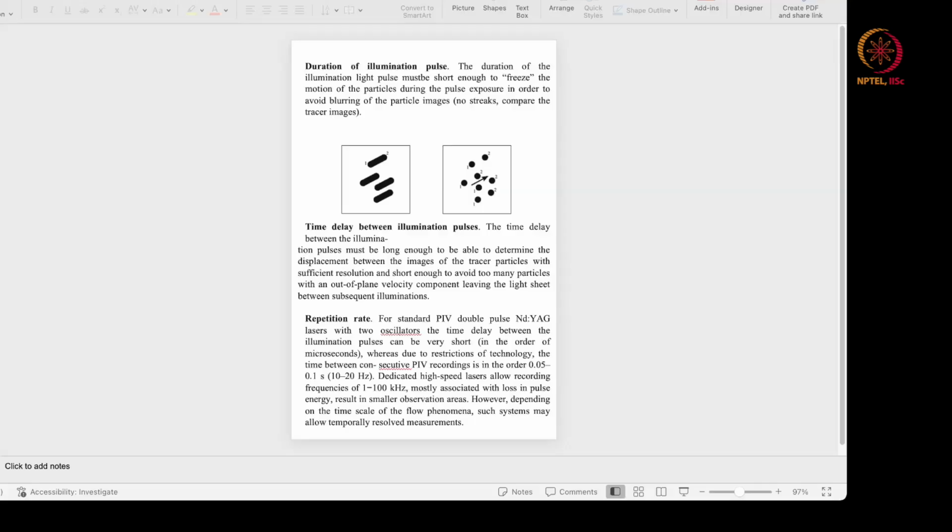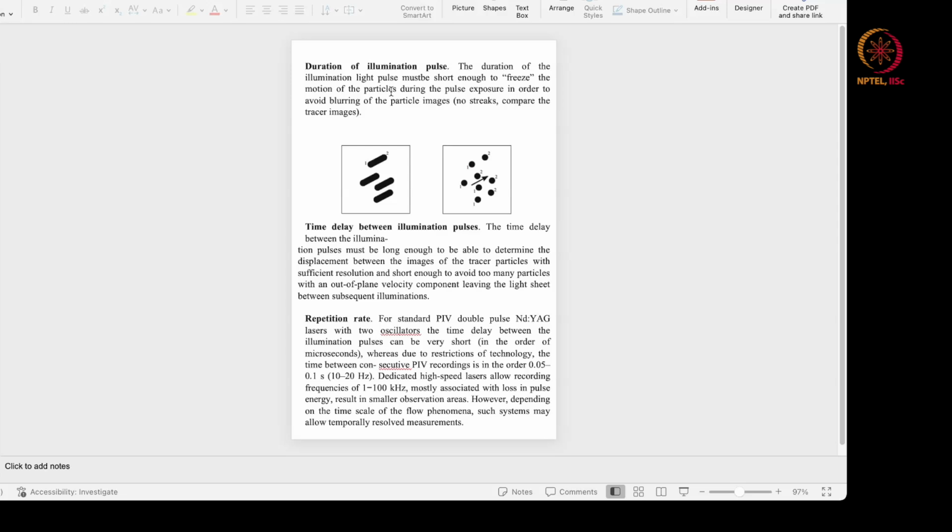All right. So we already talked about the duration of the illumination pulse. We talked about that the illumination duration of the pulse should be short enough to freeze the motion of the particles during the pulse exposure in order to avoid blurring of the particle images, that is, no streaks.